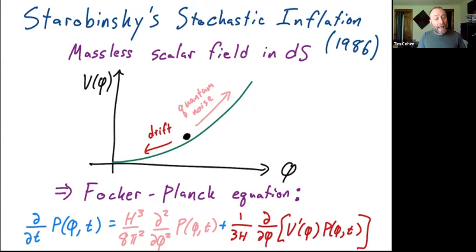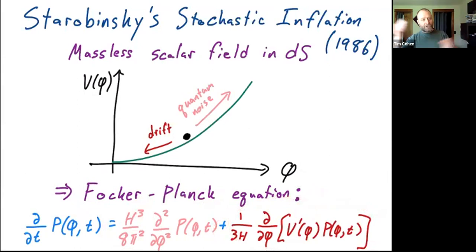This is captured, according to Starobinsky, by a Fokker-Planck equation of this form, okay? The time evolution of the probability distribution is given by this first term, which is capturing the quantum noise, proportional to Hubble. And then the second term, which involves the potential, is taking care of the drift, okay?